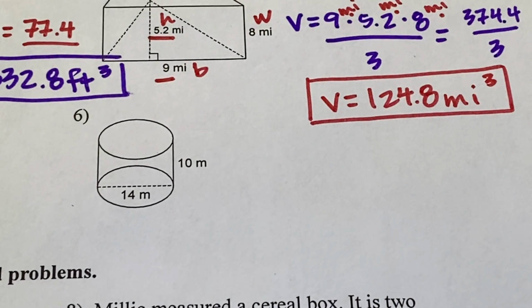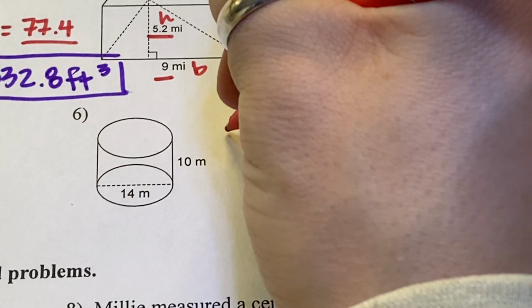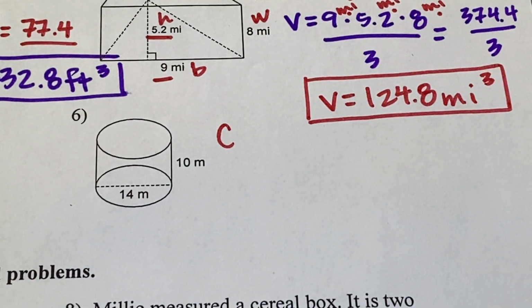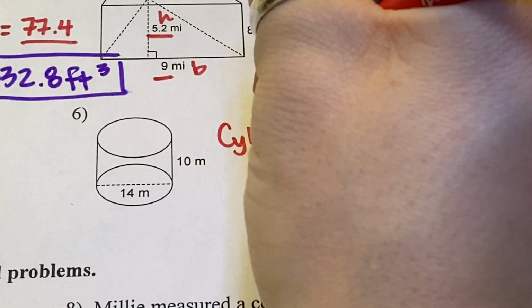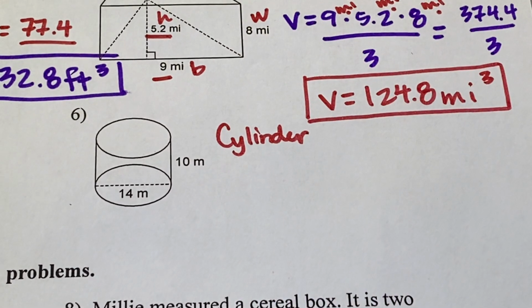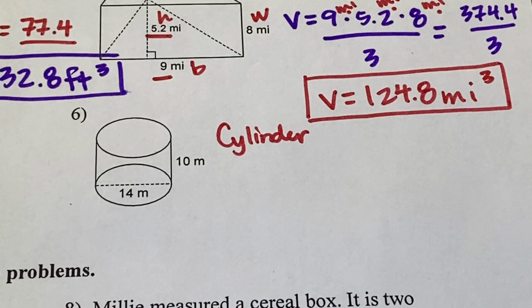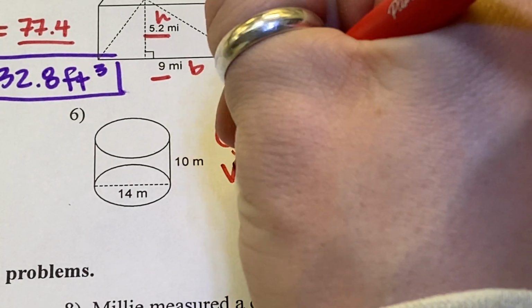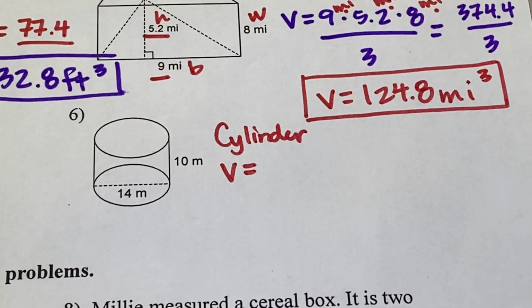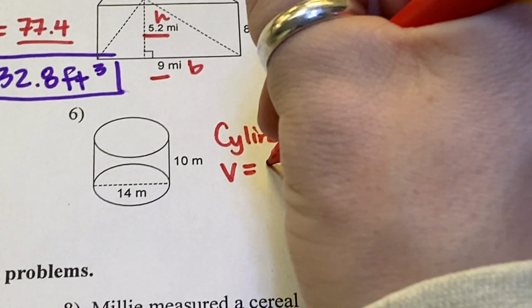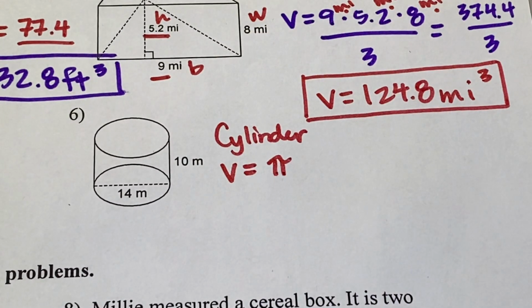Okay, so the volume of a cylinder. Cylinder. Okay, so this is a new solid, new formula that we need here. The volume of a cylinder is pi times radius squared times your height. Pi is a number.